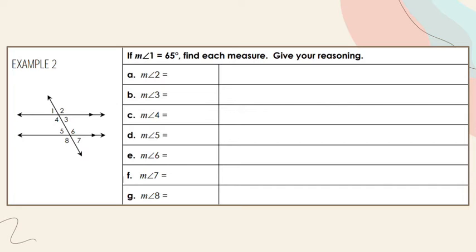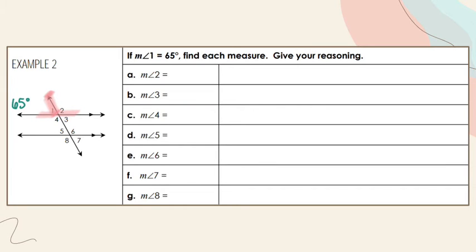Now, in this picture, it tells us angle 1 is 65 degrees. And it wants to know the measure of angle 2. So when we look at angle 1 and angle 2, these two angles are going to be supplementary because they are a linear pair.